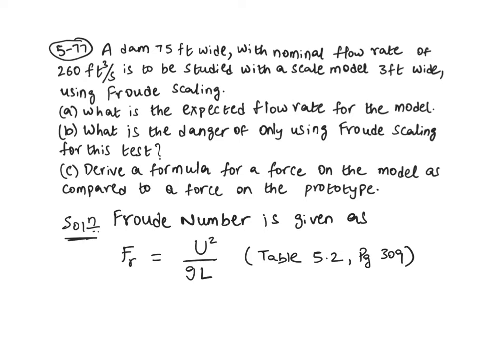Inertia is represented as square of velocity over length, so U squared divided by L gives you inertia, and the whole divided by gravity gives you the ratio of inertia to gravity, which provides you the Froude number.